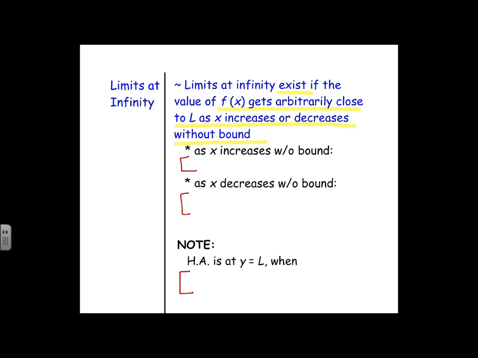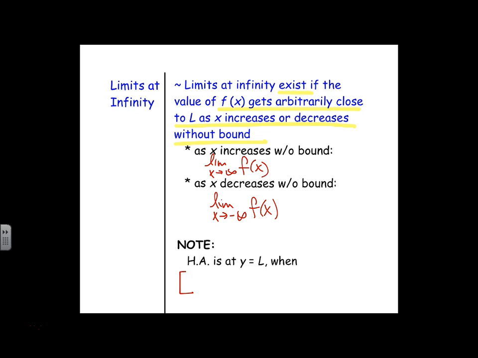As x increases without bound, that is a limit, as you guys have already seen. As x approaches positive infinity of the function. And as x decreases without bound, that is a limit. That is a limit as x approaches negative infinity. Remember, once again, the first one is to the right, and the second one is to the left.